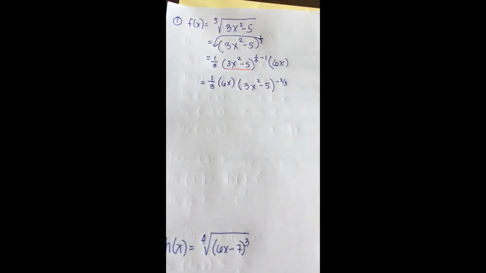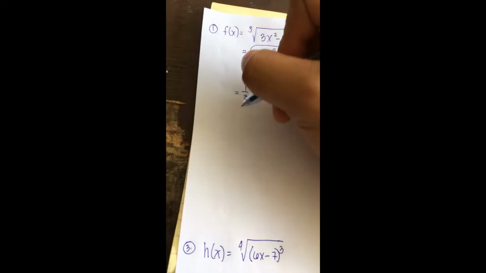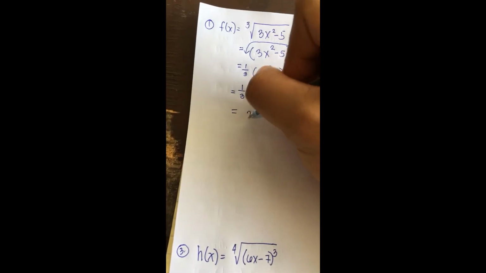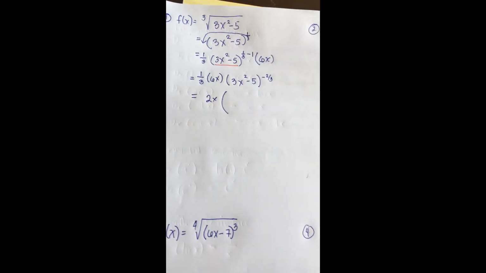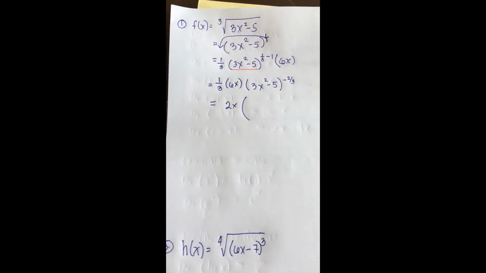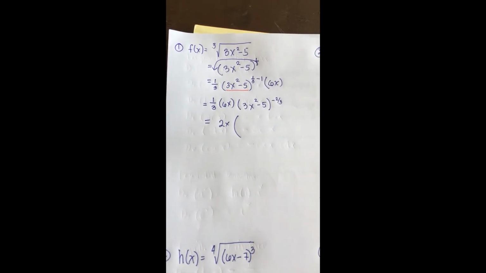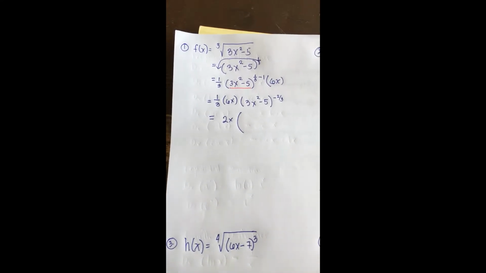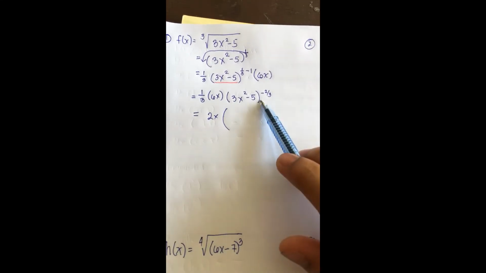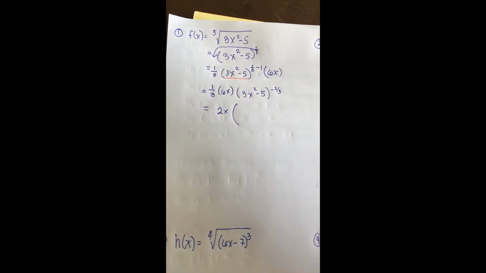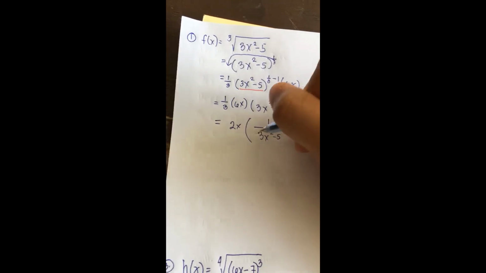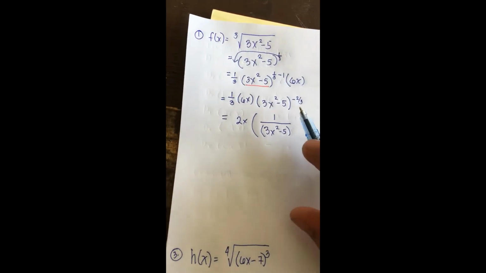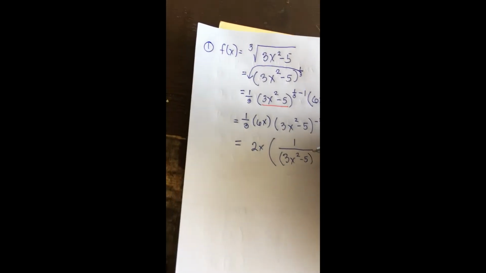So let's continue. 1/3 times 6x is 2x. Times, following the rule, an exponent cannot be negative. So you are going to get the reciprocal of this one. The reciprocal of this one is 1 over 3x squared minus 5. The negative 2/3 will turn into positive.